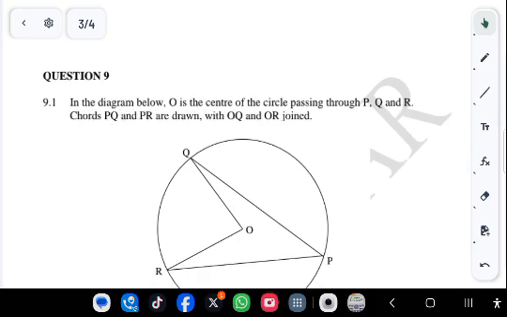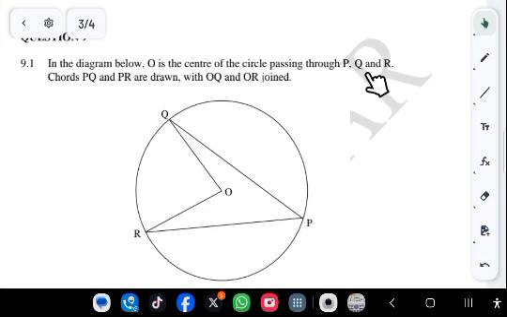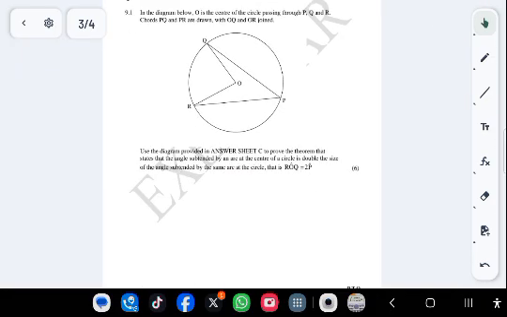9.1 says, in the diagram below, O is the center of the circle passing through P, Q, and R. Chords PQ and PR are drawn with OQ and OR joined.